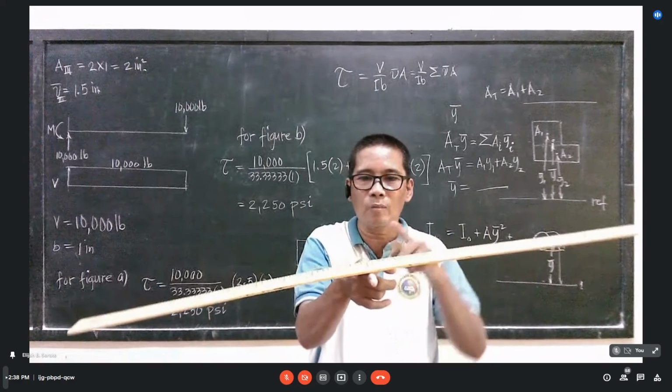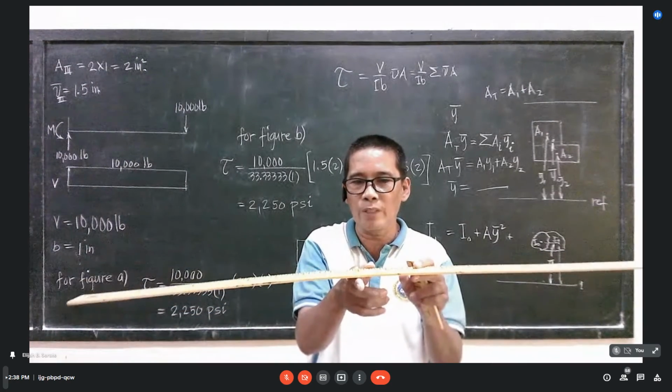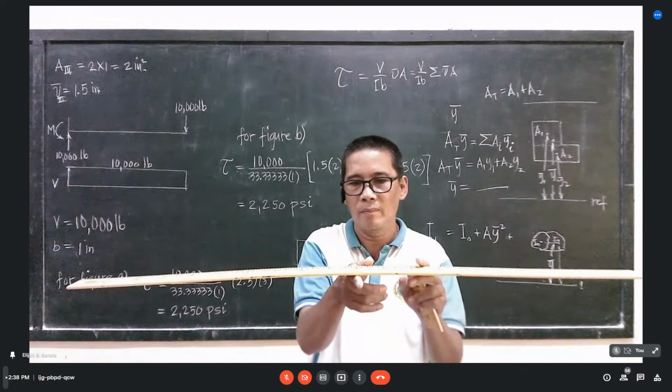The center of gravity is where your area or forces balance.